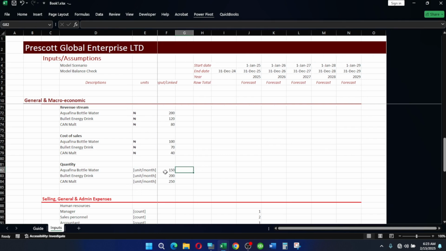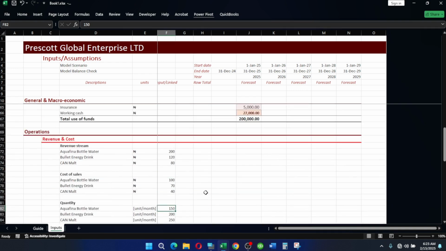So we are saying that in a month we want to be able to sell 150 packs of Aquafina bottled water. That's the assumption, right? Then we want to be able to sell 200 packs of bullet energy drink, right? We also want to be able to sell 250 canned malt drinks per month. That is what we want to be selling, right?